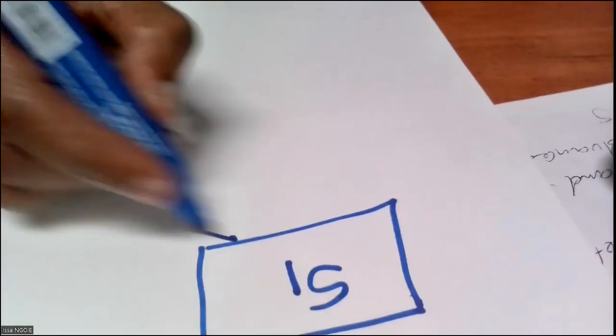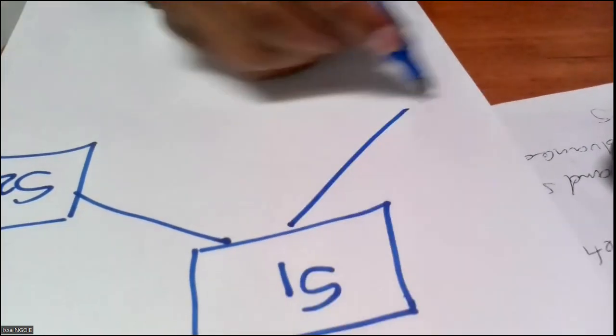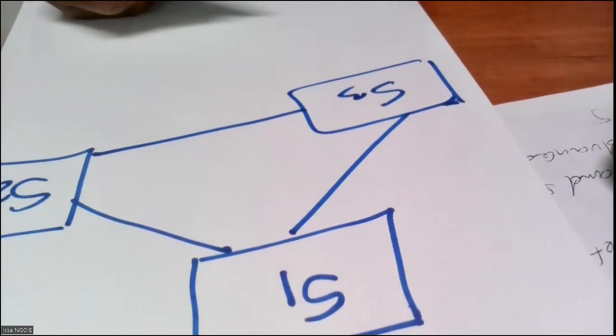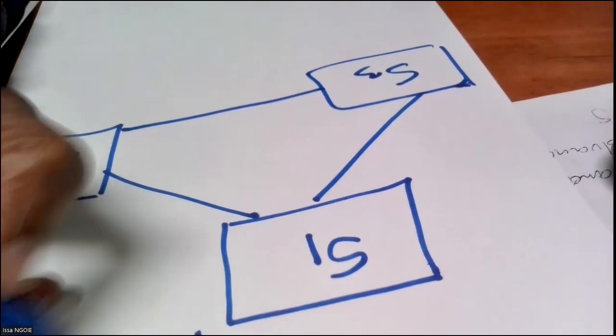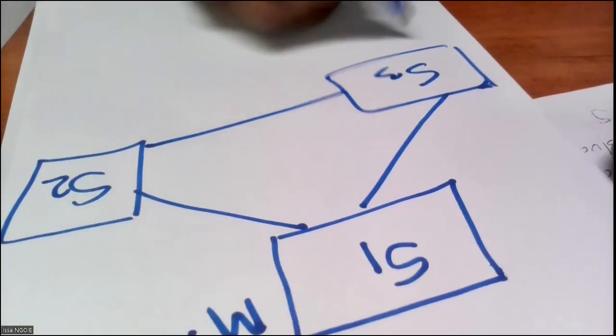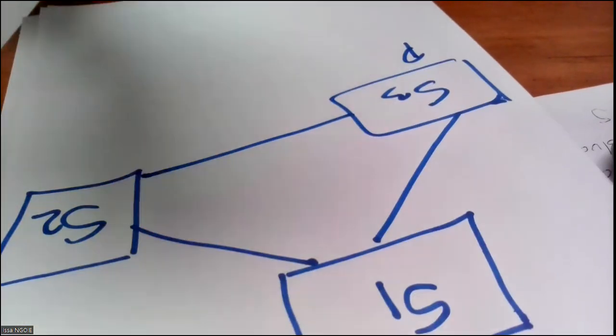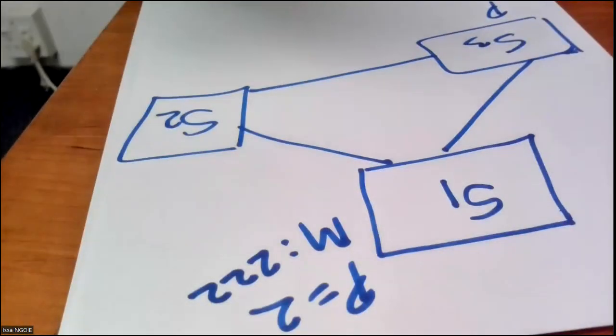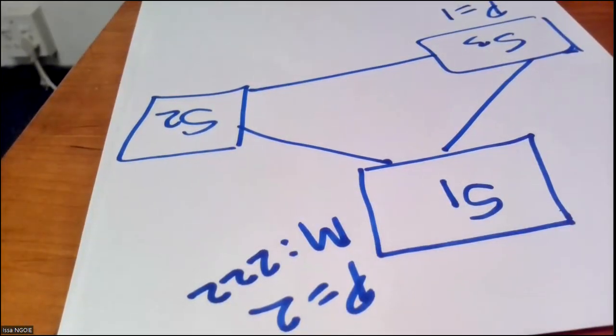Switch number 1, I'm sure you can see. Switch number 1 goes to switch number 2, and switch number 2 goes to switch number 3, right? There are 3 switches. My priority here is number 2. My MAC address is 222. My priority here is number 1.